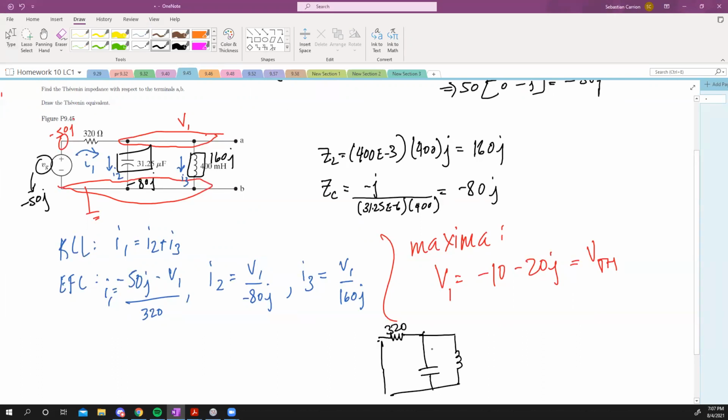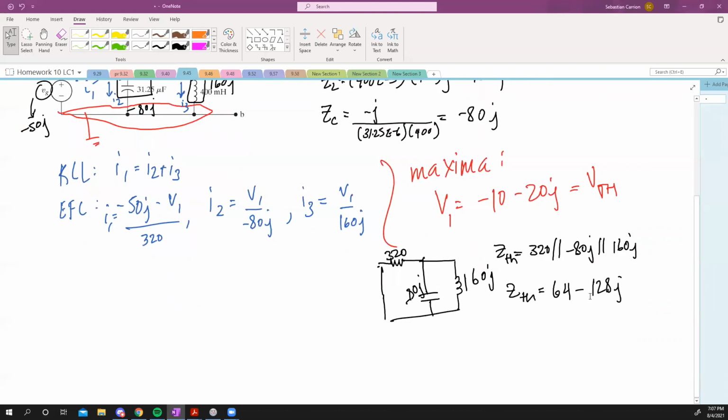So 320, and we got negative 80j and then 160j. So our Z Thevenin is going to be 320 in parallel with negative 80j, in parallel with 160j. I'm not going to do the math for that, but I'm going to tell you what it is. It's going to be 64 minus 128j.